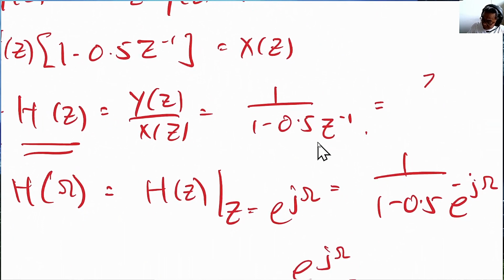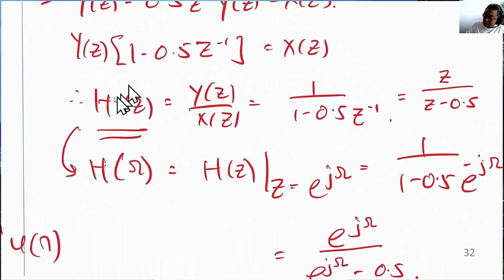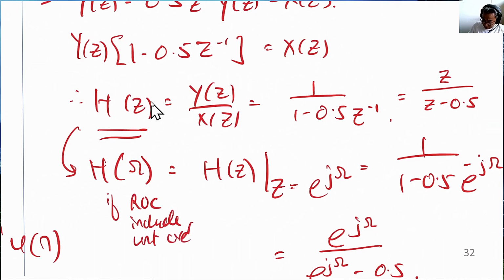If we like to work on positive powers of z, we will get this expression simply by multiplying top and bottom by z, which is unity. Then to get to the discrete time Fourier transform, if the region of convergence includes the unit circle, we simply replace z by e^jω, because that is the definition of the discrete time Fourier transform.